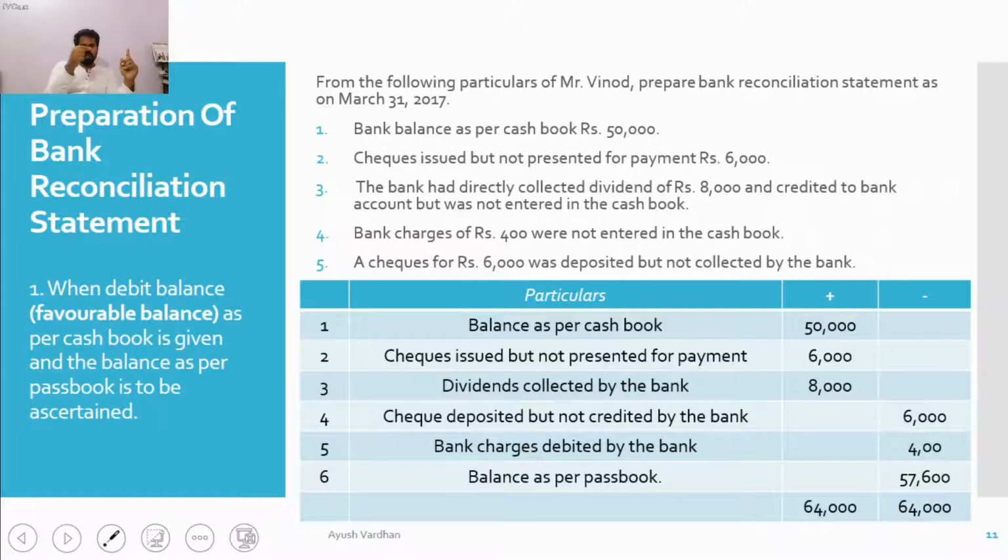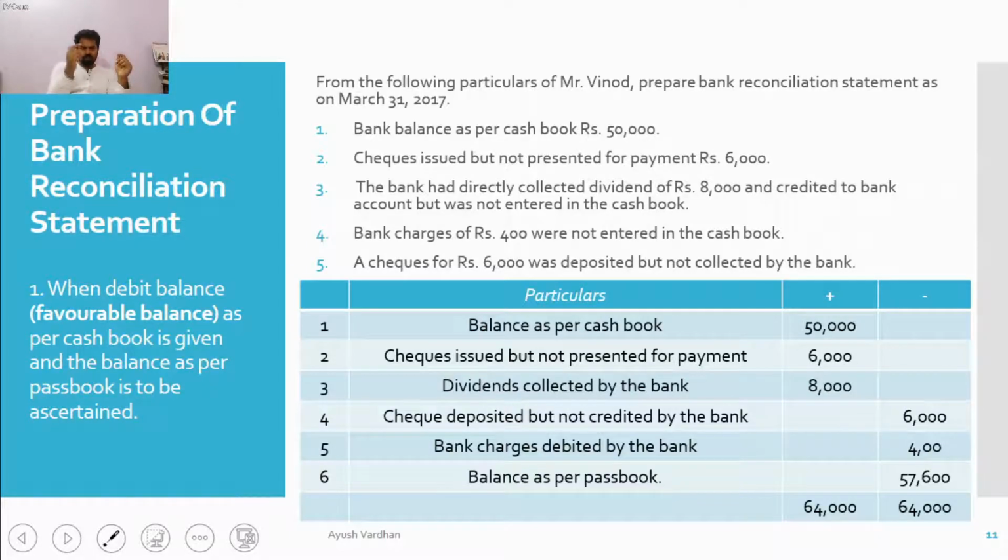Okay, if first entry is passbook, then our target changes into cash book. Here in this particular example, we are starting with the cash book, so our target is passbook. Okay, now we have 50,000 rupees in the passbook, so we will put that simple entry of plus 50,000.